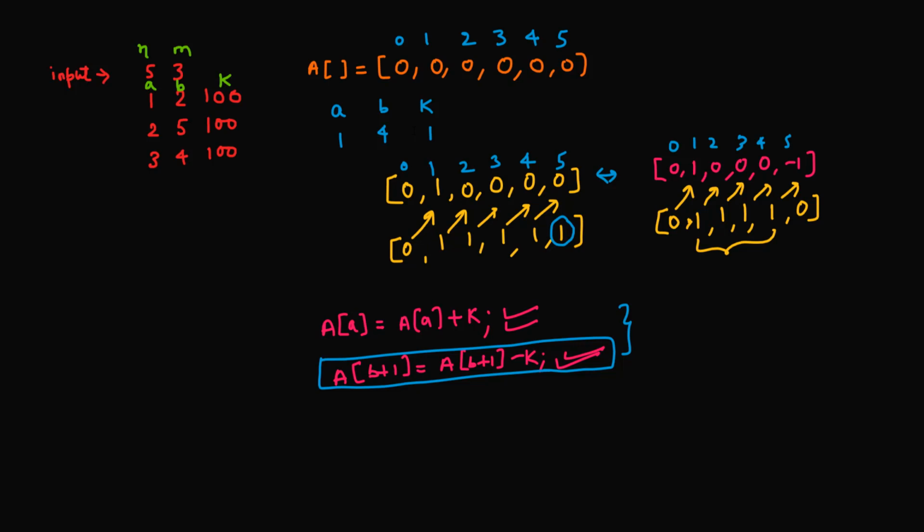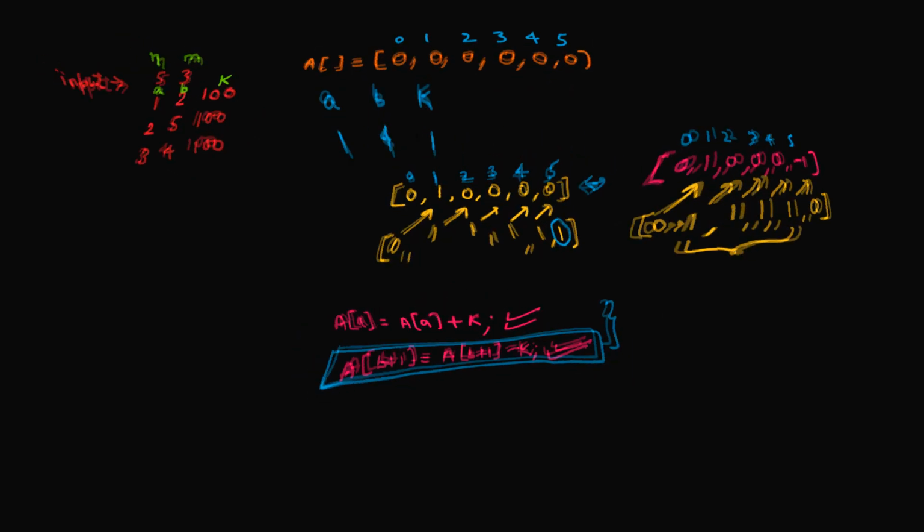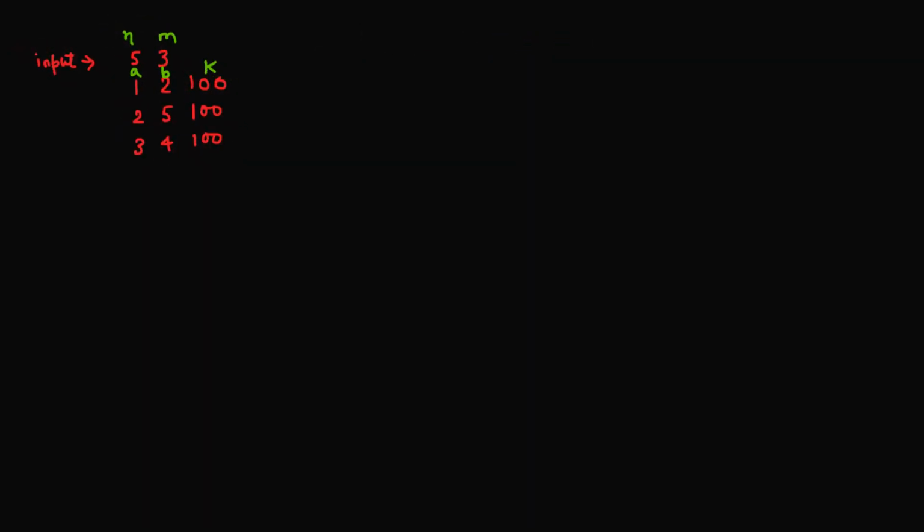Now I am going to apply the same logic on the sample input. Let's see how it works. So now I have taken an array of 5. As I said, I am going to take an array of n plus 1, which is 6 elements. Now I am going to perform each and every query in front of you, and you can see the result.